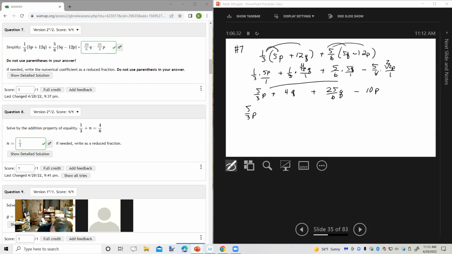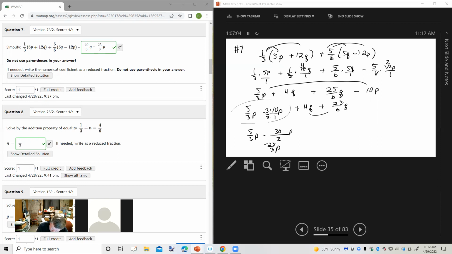So those go together: minus 10p plus 4q plus 25/6 q. Here, my common denominator is a 3. So I'm going to have 5/3 p minus, I'm going to multiply 10 times 3 over 3, which gives me 30/3 p. So 5/3 minus 30/3 would be minus 25/3 p.